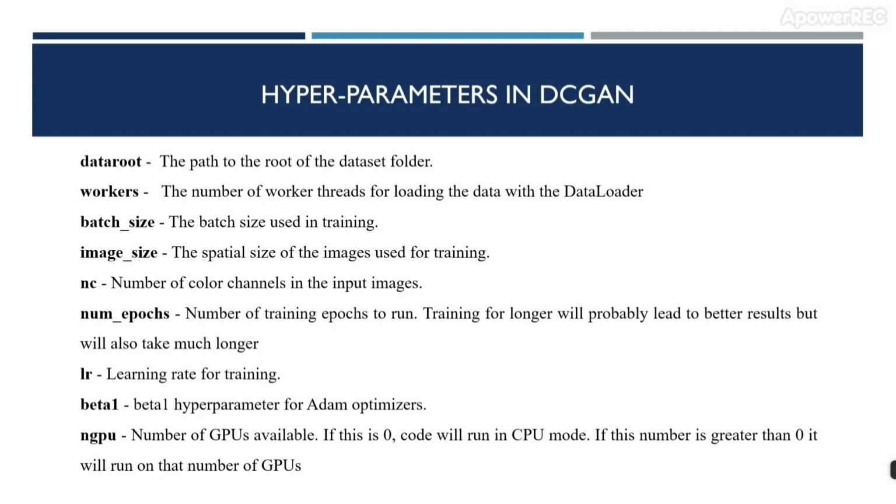LR means learning rate. Beta 1 is the hyperparameter for the Adam optimizer. NGPU is the number of GPUs available. If this is 0, the code will run in CPU mode, or if this number is greater than 0, it will run on that number of GPUs, where GPU means graphics processing unit.